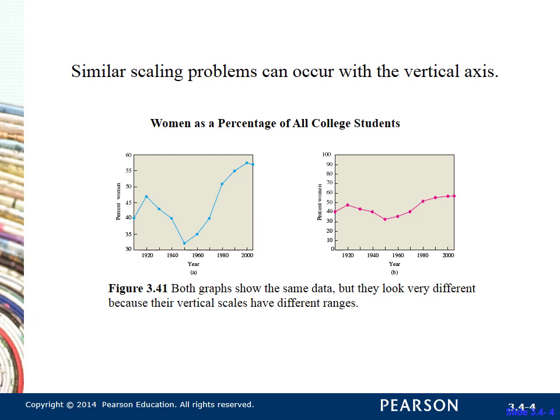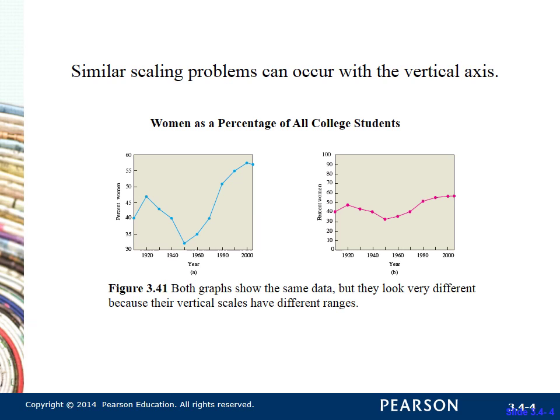You see the ordered pair 0, 40, and 19, 20, up to 45, halfway between 45 and 50. So the points are the same, but notice that on the left you didn't start at 0 on your vertical scale of percent women. You started at 30. So you've left out the 0, 10, 20 that's represented on the right-hand side.